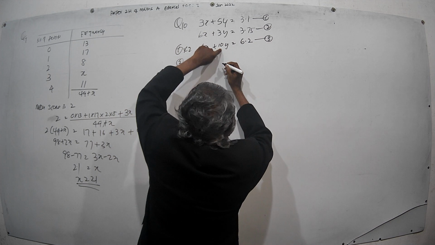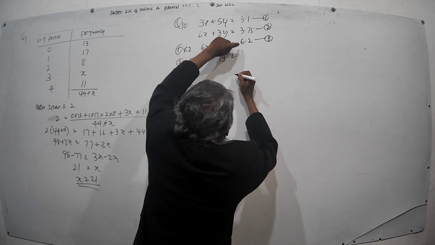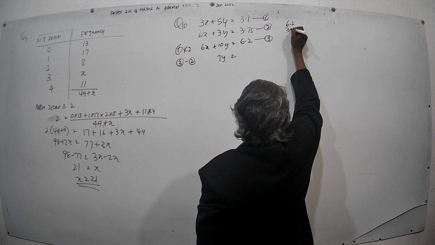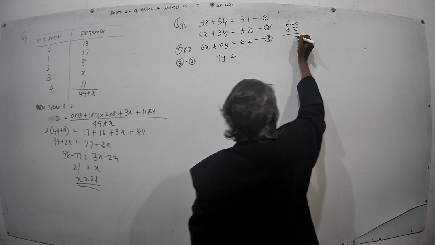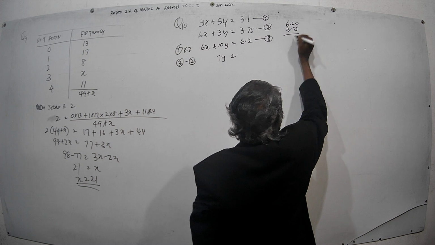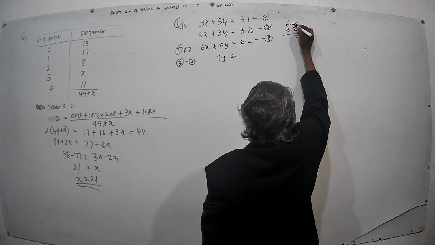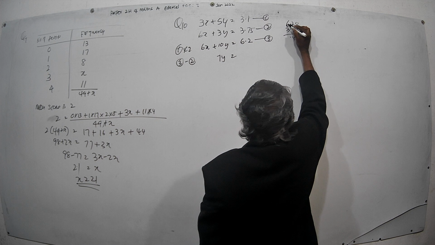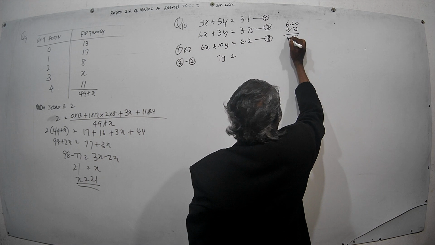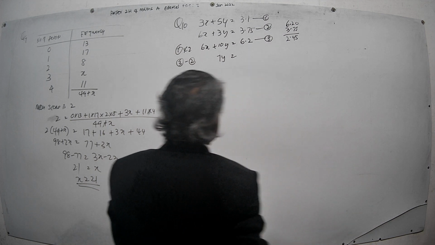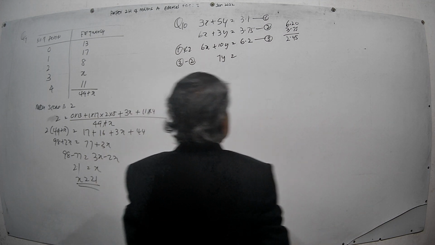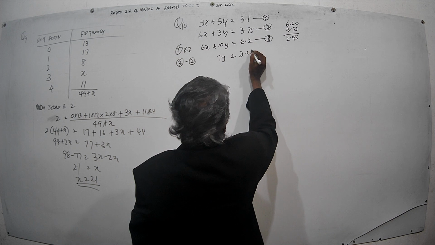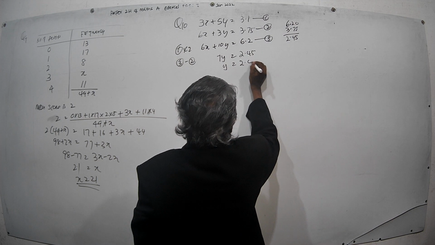Then 10y minus 3y is 7y, equals 6.2 minus 3.75. Taking 5 from 0 is 5, then borrowing 1, 11 minus 7 is 4, and 5 minus 3 is 2. So 2.45. Then y equals 2.45 divided by 7.